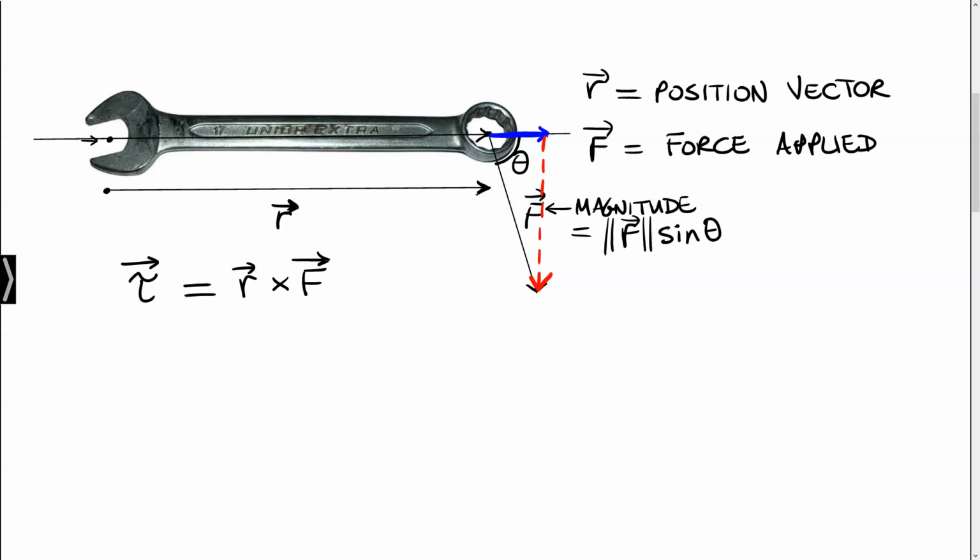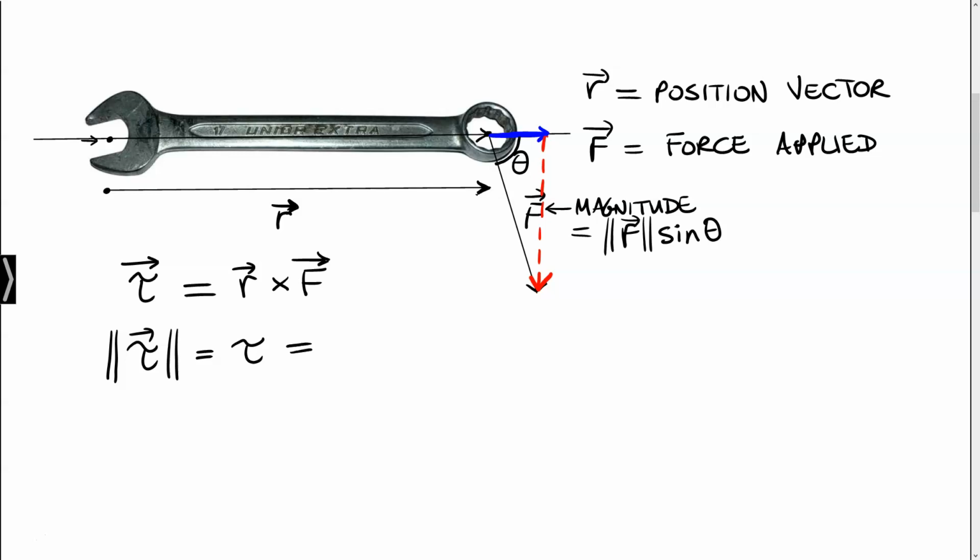From physics, we know that the torque is going to be directly proportional to the distance from the axis of rotation, and directly proportional to the magnitude of the force. So the magnitude of the torque should be the product of the magnitude of R and then this magnitude of F times sine theta. We're going to call this just tau without the vector, so that the magnitude of the torque vector is just going to be tau.